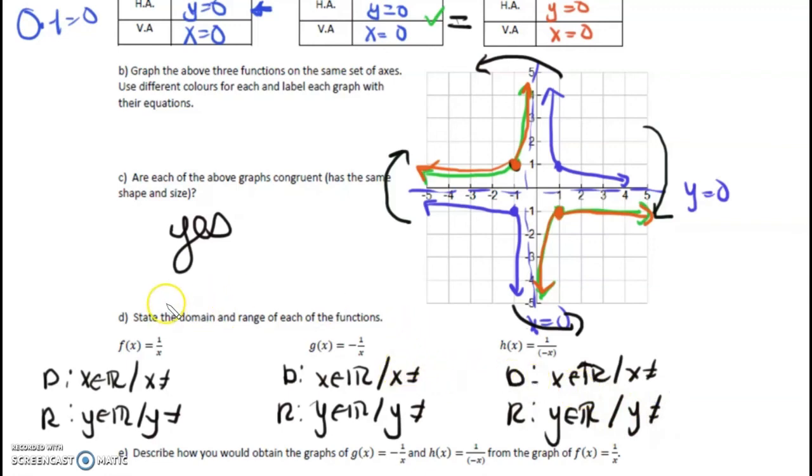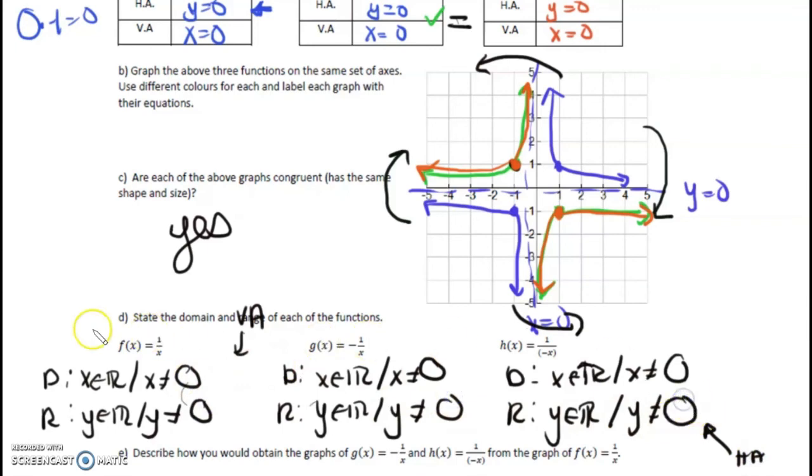Okay, so x is never going to equal the vertical asymptote, which is 0 in all of them. Y is never going to equal the horizontal asymptote, which is 0 in all of them. So all of these have the same restriction. It's going to touch every single number except for when x is 0, so this vertical asymptote, and y is going to touch every single number going up and down except for this number right here when y equals 0.